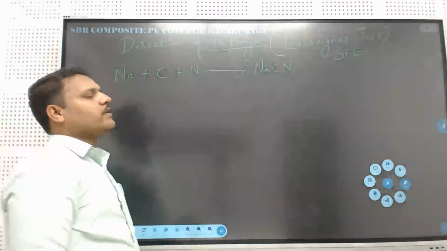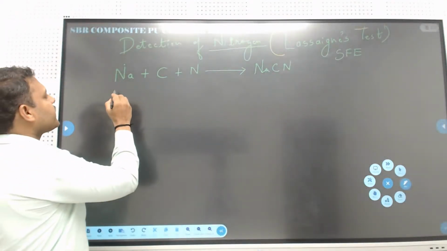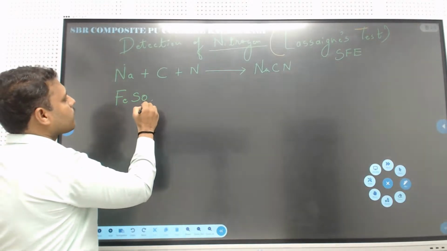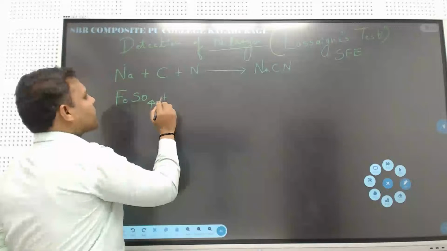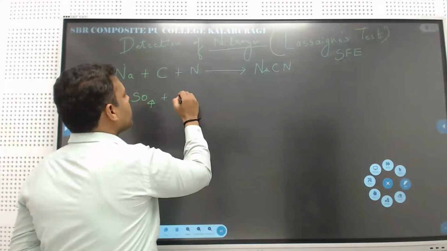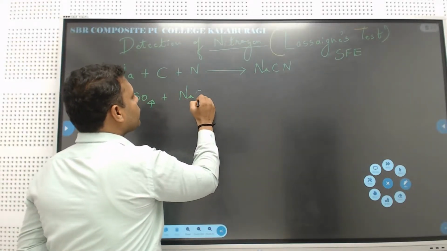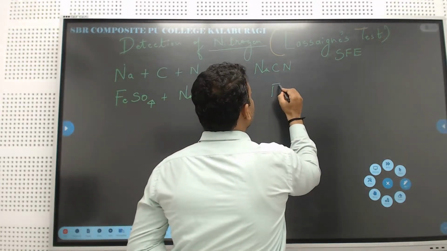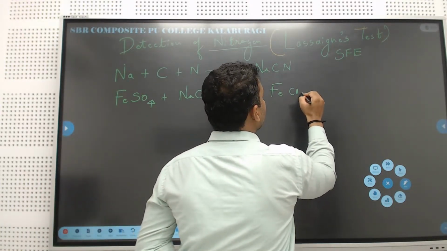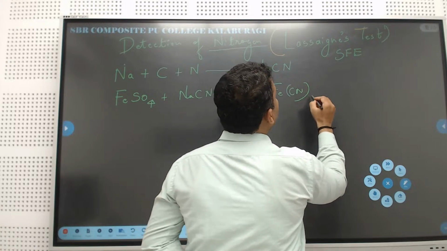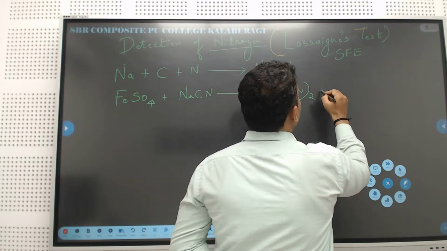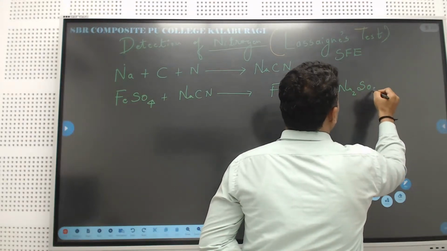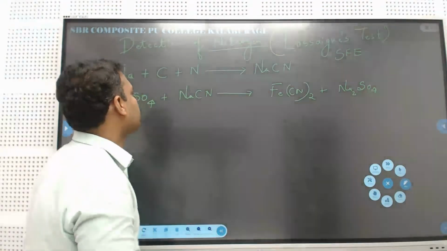At this moment we add freshly prepared ferrous sulfate. When we add freshly prepared ferrous sulfate to the sodium fusion extract, we will have ferrous cyanide.